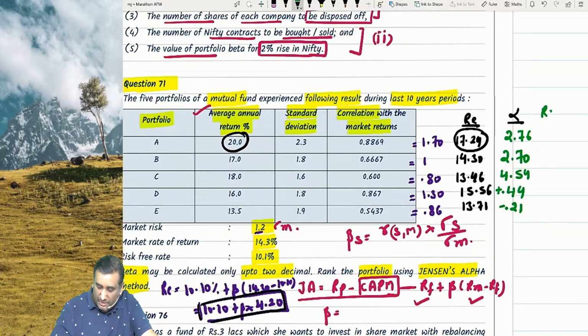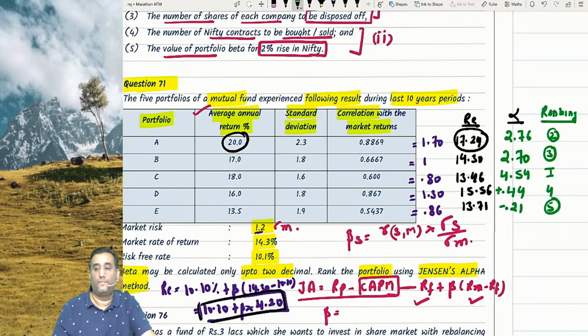If you put the ranking now, highest is what? 1, 2, 3, 4. It has touched your concept of beta, it has touched your concept of Jensen's alpha both.